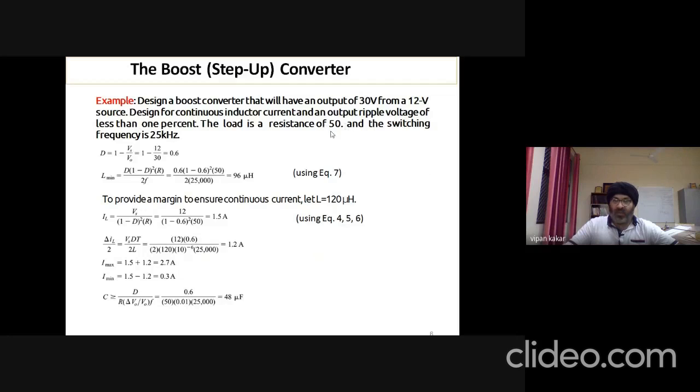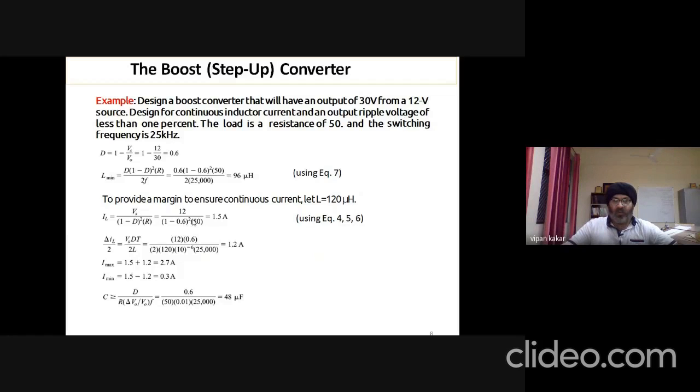The load resistance is 50 ohms and the switching frequency is 25 kilohertz. Better is to first find the duty cycle. The duty cycle comes out to be 0.6, 60%. And the minimum value of inductance, using equation 7 as we did in previous slides, comes out to be 96 microhenry.